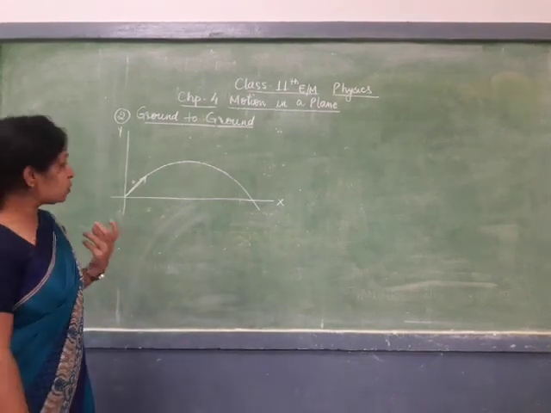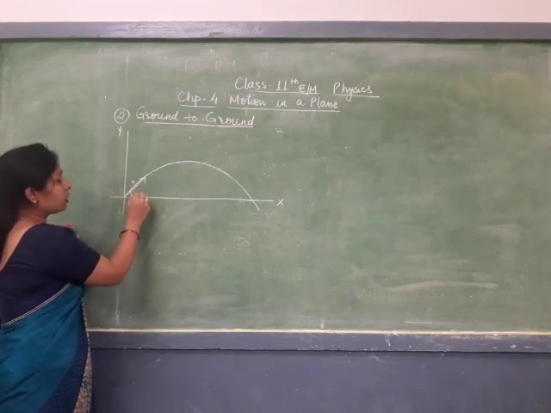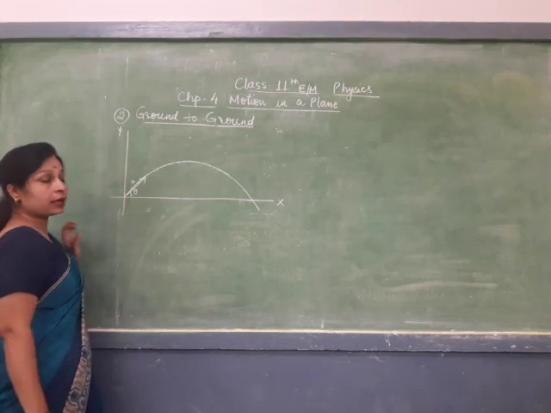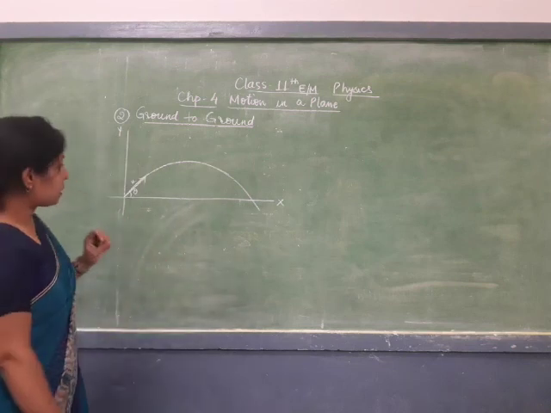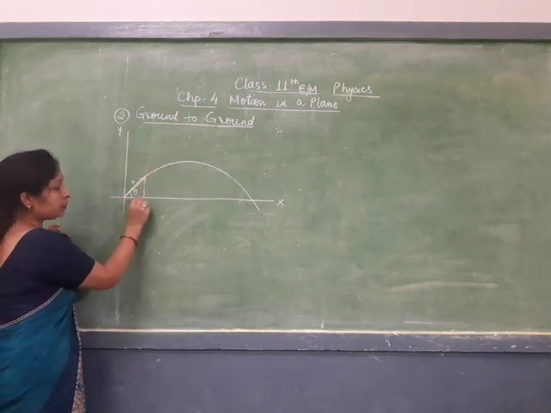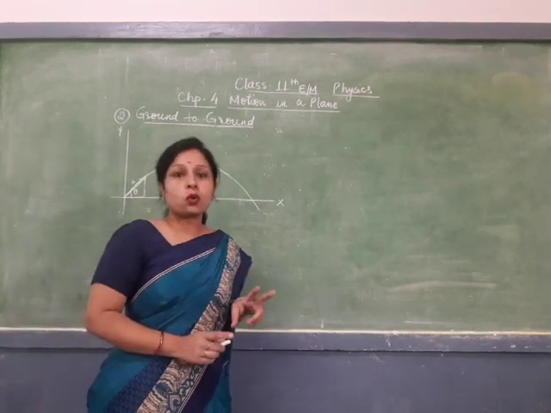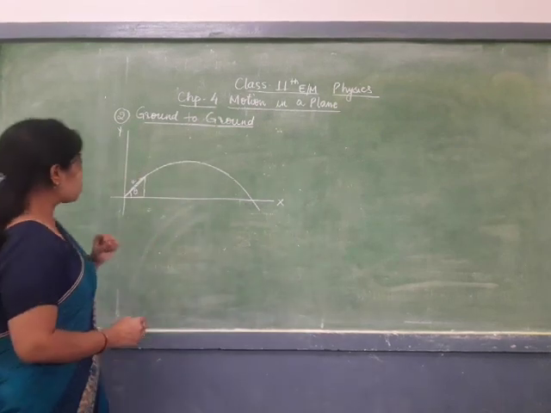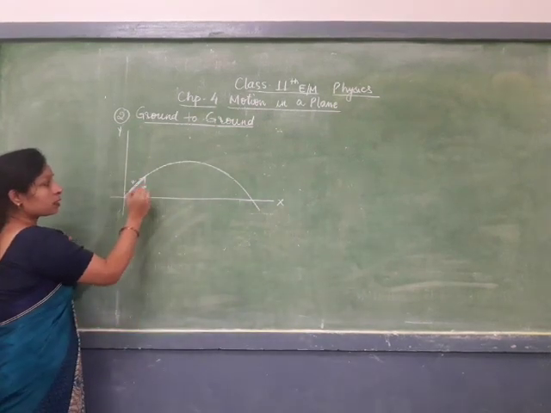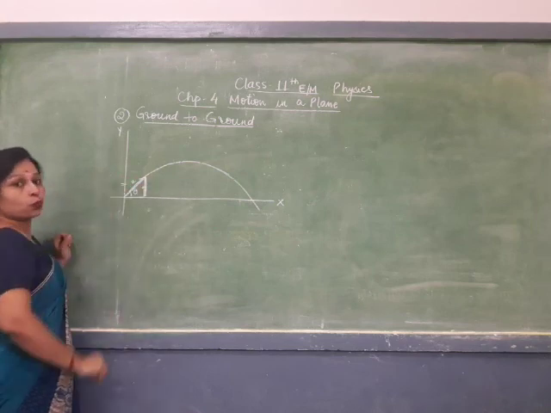Hence, if I am throwing this object at an angle of theta, making this perpendicular and this your base, you will have the initial velocity with two components.